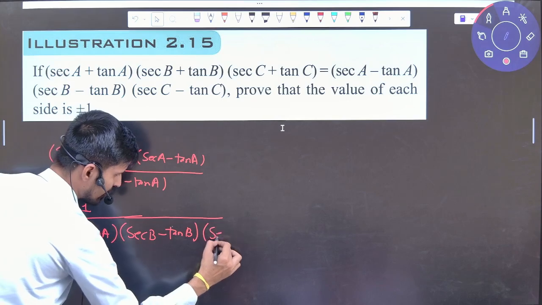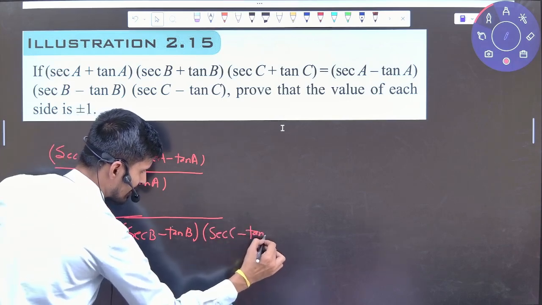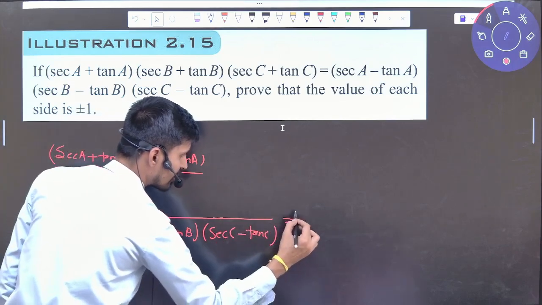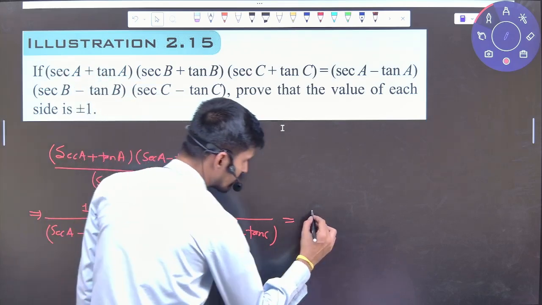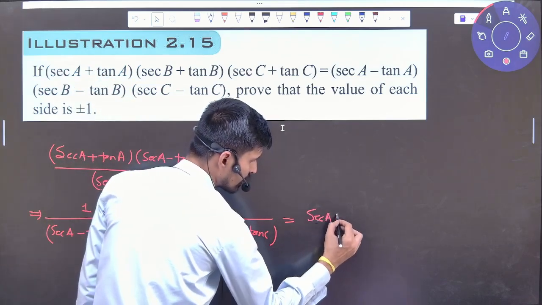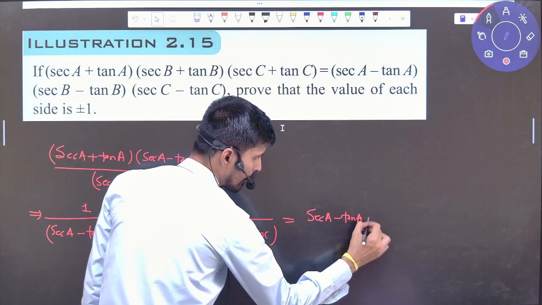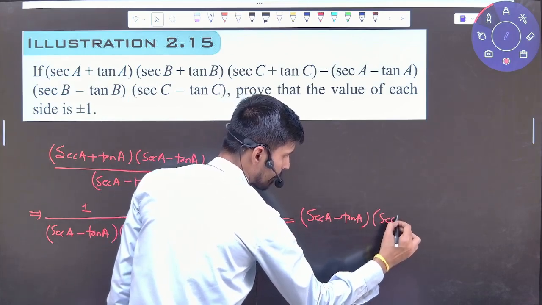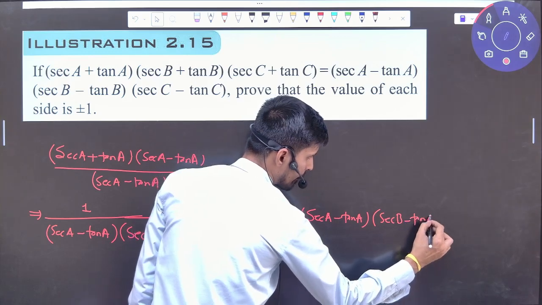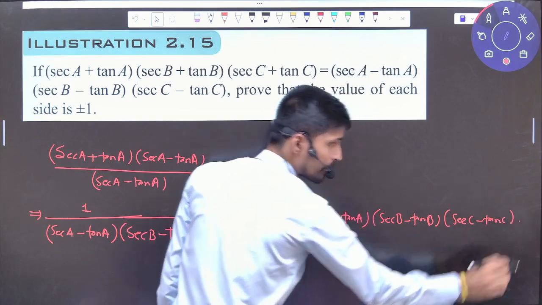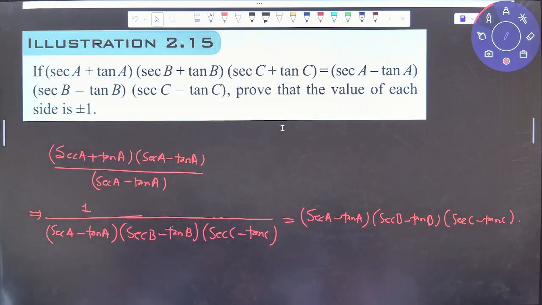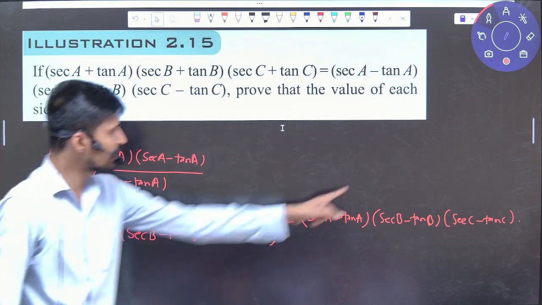Puneet, say, what is this? Now same thing is on that side or not? Now can we cross multiply this to that side?